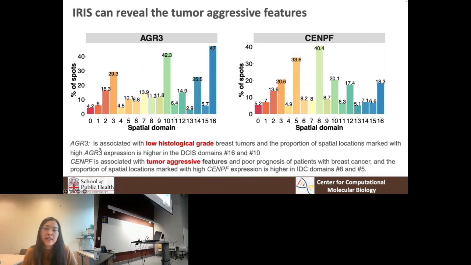Specifically, the AGR3 gene is associated with low histological grade breast tumors, and the proportion of spatial locations with high expression of this gene is higher in the ductal carcinoma in situ regions. However, CENPF is associated with tumor aggressive features and poor prognosis of patients with breast cancer, and the proportion of spatial locations with high expression of this gene is higher in the invasive ductal carcinoma regions, domains 8 and 5.